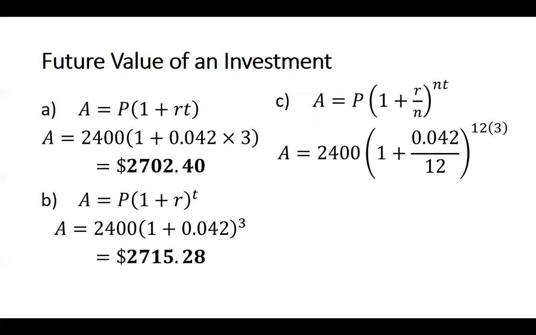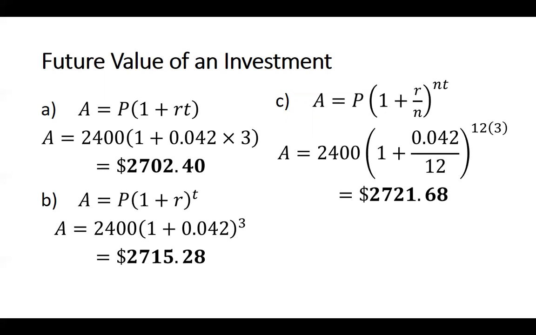Remember order of operations again: we do the division first, 0.042 divided by 12, add 1, multiply 12 times 3 in the exponent, raise everything in the parentheses to that exponent, then multiply by 2,400.